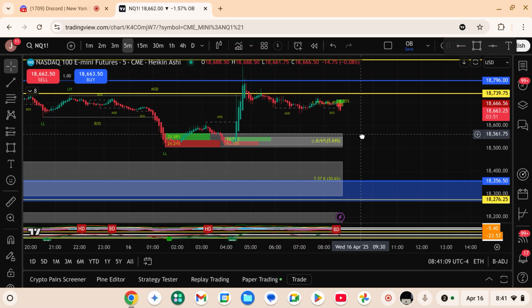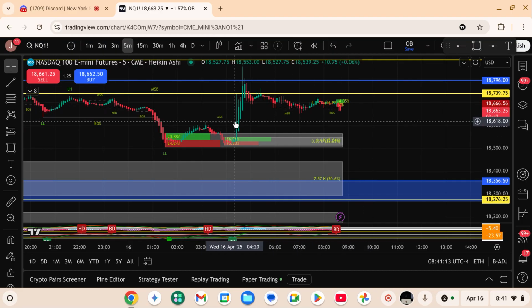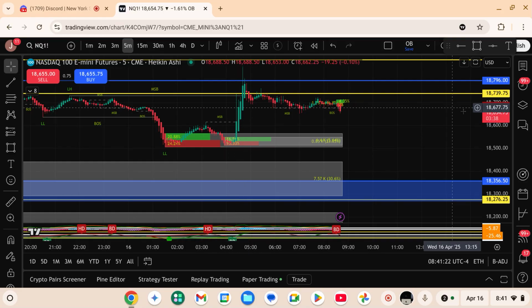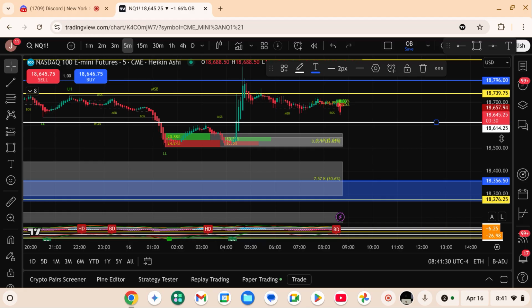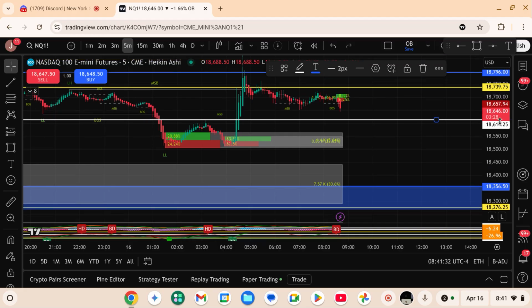But we can also try to catch shorts before then, like coming off of this order block here, can catch shorts to maybe here. Let's see. No.